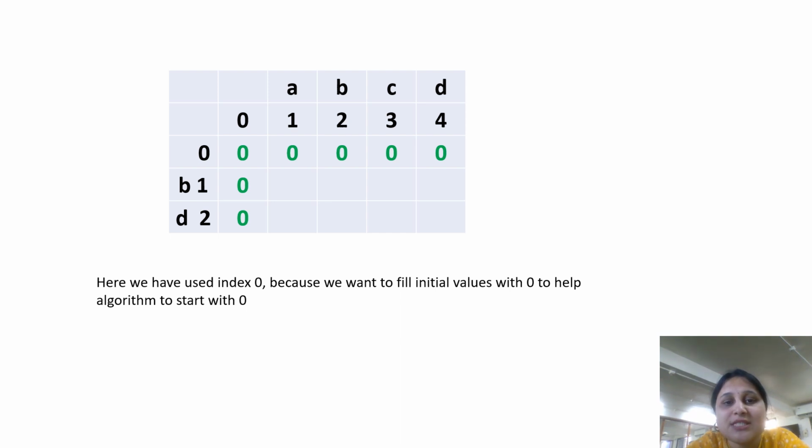But if it is not matching, we will not necessarily put 0. We will put whichever is maximum of the previous column or previous row, whichever is the bigger element of these two. So let's see how we have solved this example here.